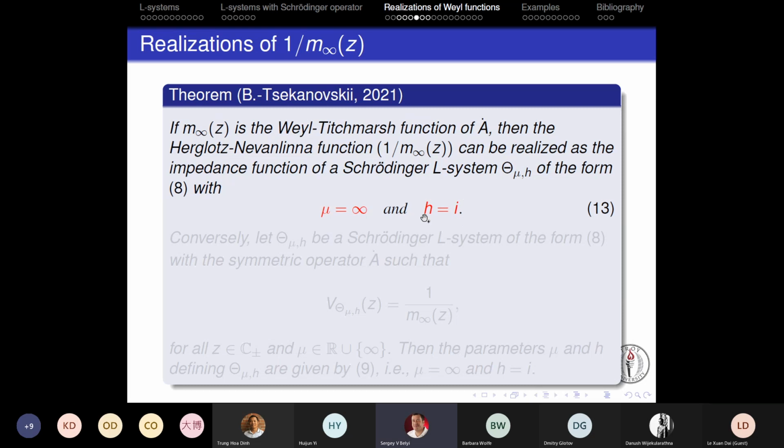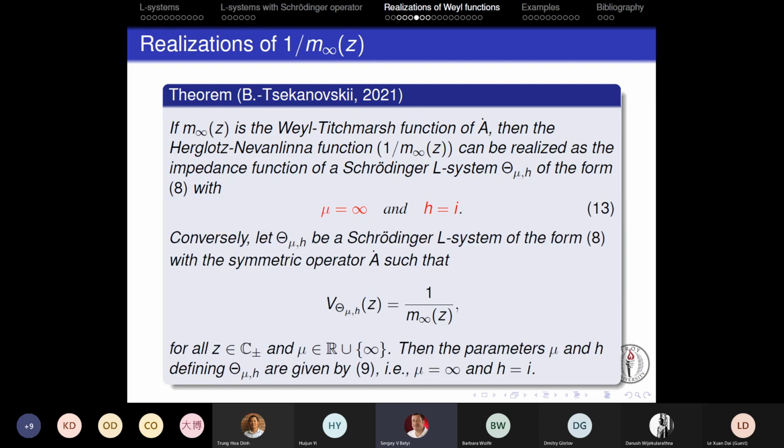The main operator of the system is still Ti, but the value of mu is infinity. And that does the trick. The system with these two parameters realizes 1 over M infinity. And backwards, of course, any system with two parameters like that, infinity and h, has its impedance equal 1 over M infinity.